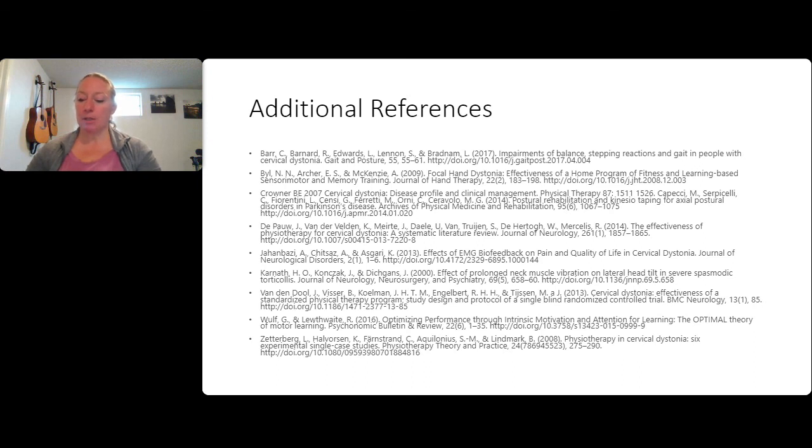And we may need to use some sensory tricks like TENS, vibration, deep pressure, and a lot of nervous system calming to help decrease that overexcited nervous system so that they can get into a state of reduced pain.